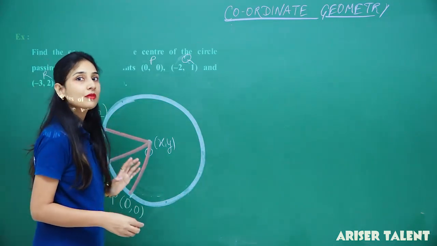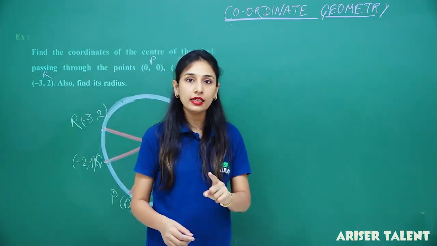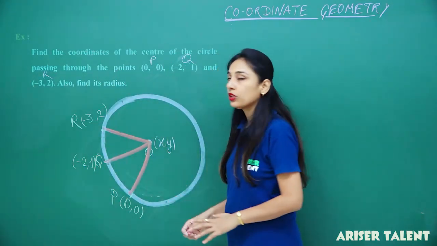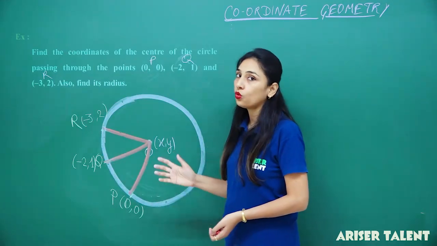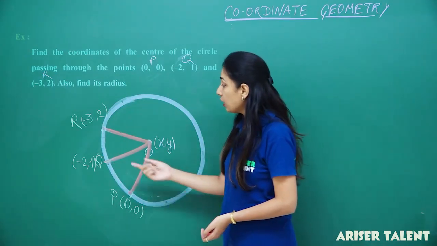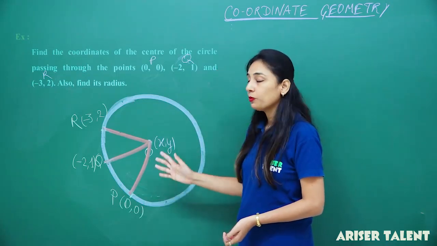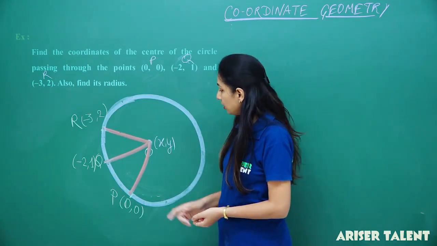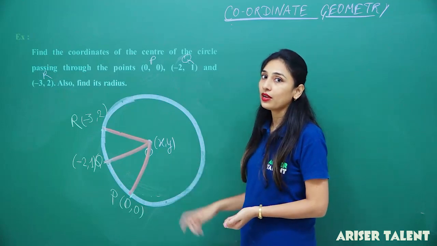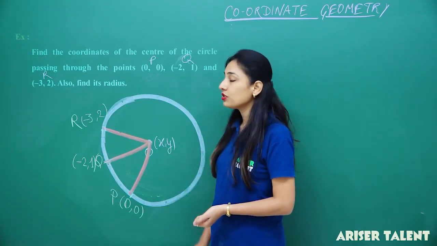Now the radius is the same. Can I say that RO equals QO, and QO equals PO, the radius? Now this O is (x, y), and P is 0, 0.